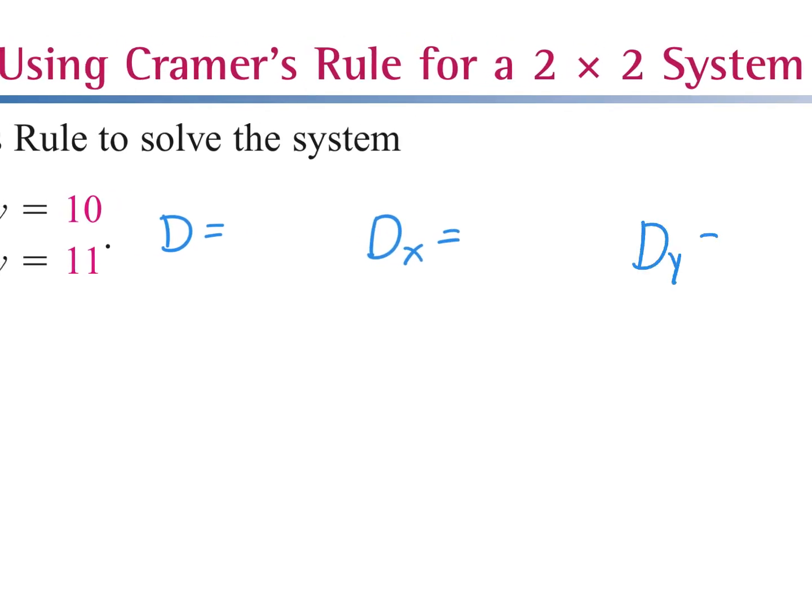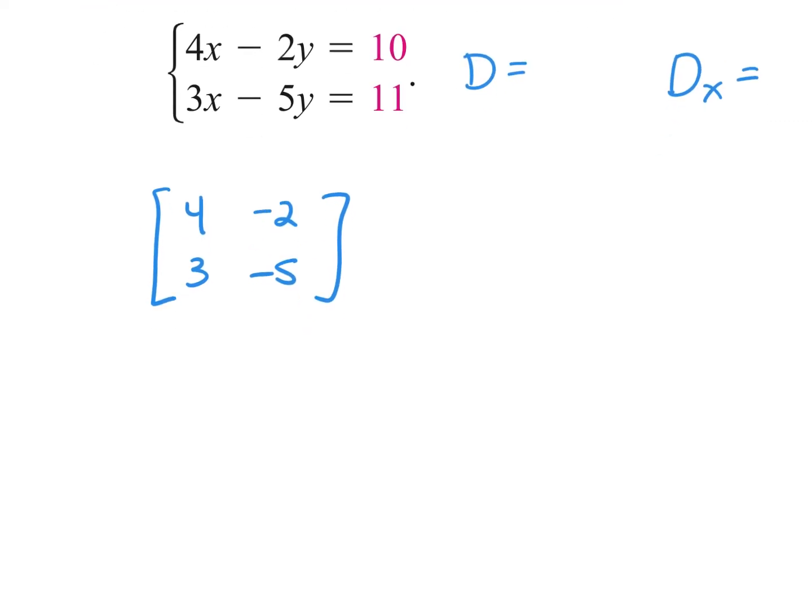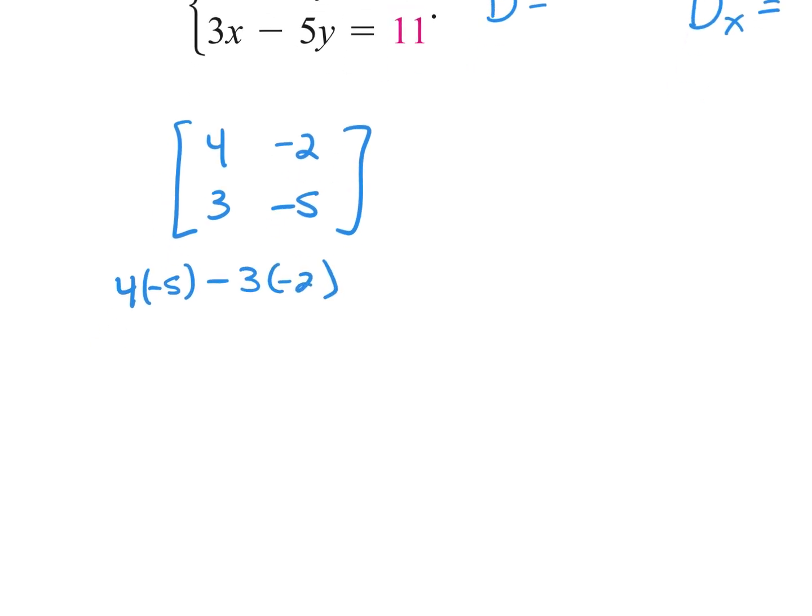So this is how I would expect you to show me your work. First thing I'm going to do is write out my coefficient matrix. So 4, 3, -2, -5. Agreed? So I find my determinant. I'm going to have 4 times -5 minus 3 times -2.